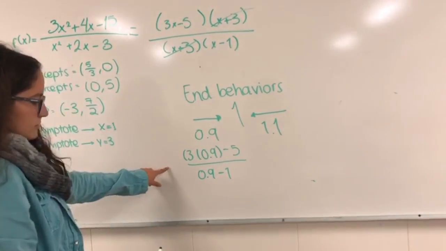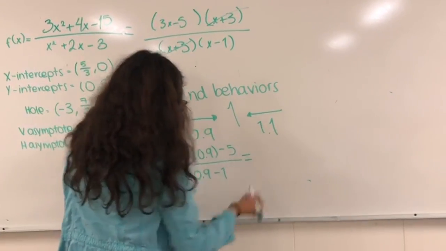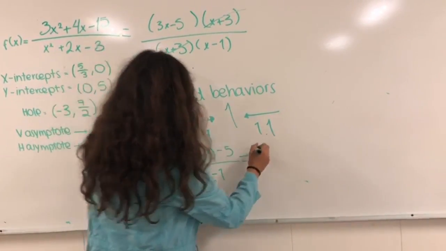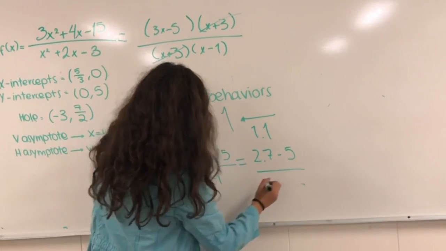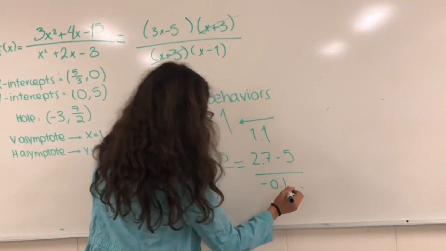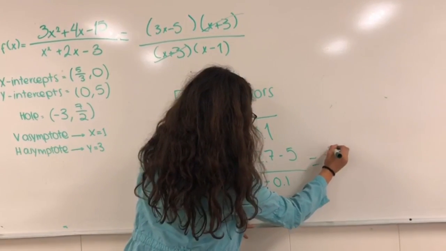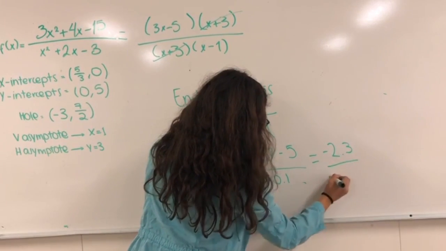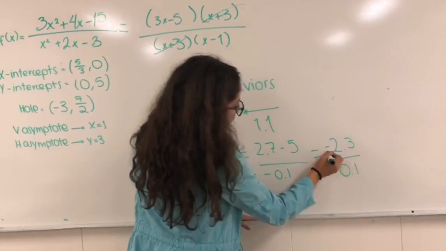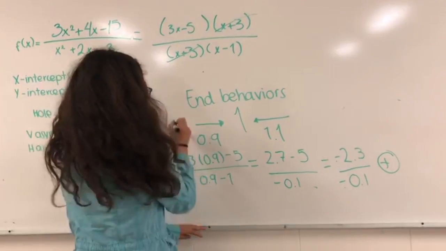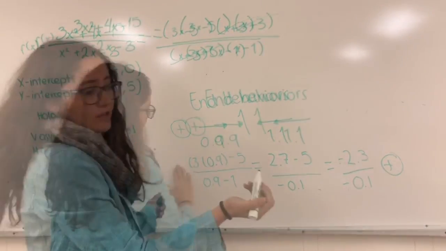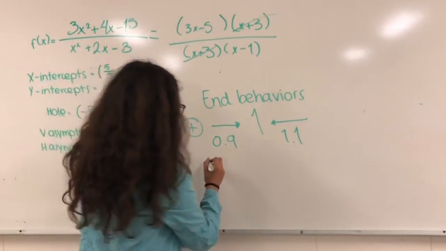And this will allow us to see the sign. It will be negative over negative, so it will be positive. And now we know that this part of the graph will be positive. For the other side, we're going to do the same.